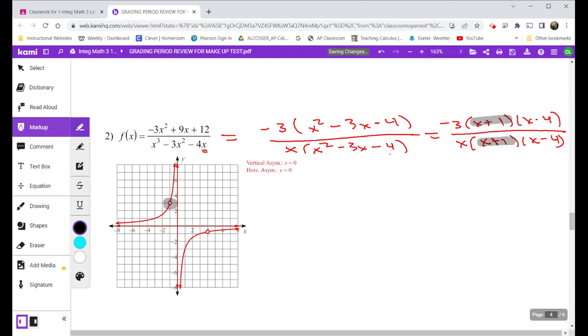That's where that hole comes from. And then let's do a different color here. These are the same, so they cancel out, but I got to account for them. So if I set x minus 4 equal to 0, that's going to be equal to 4, and that's why there's a dot right here in the graph at 4.